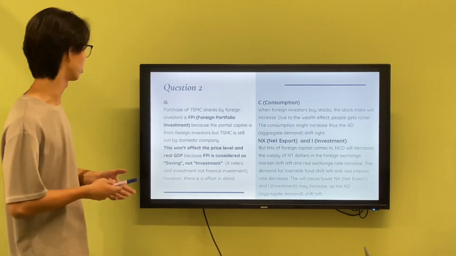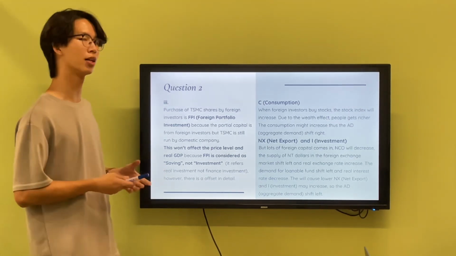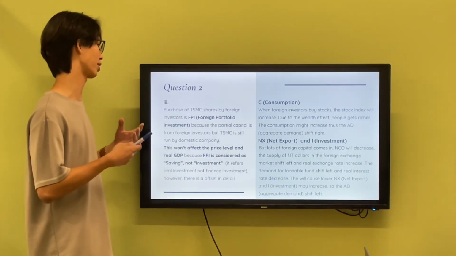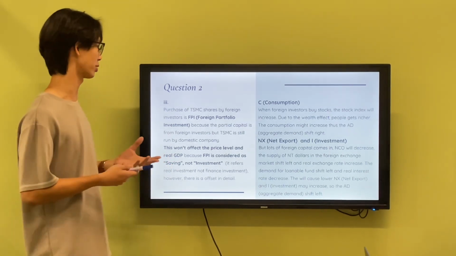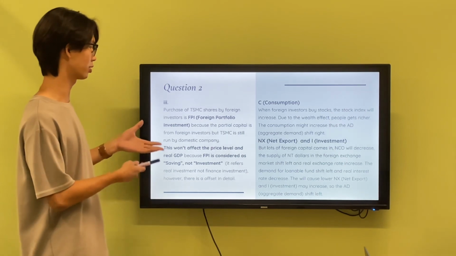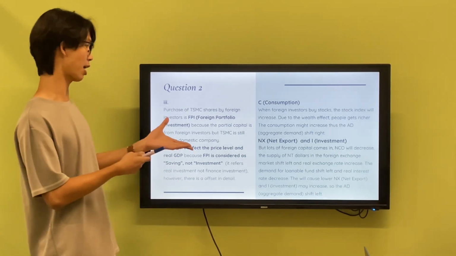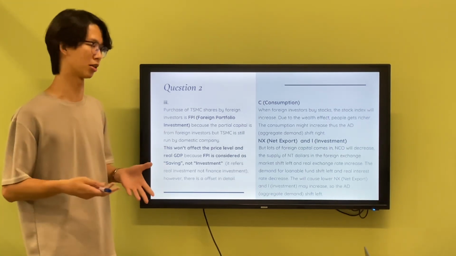Next is the third part, the purchase of TSMC shares by foreign investors. This investment we consider as FPI, foreign portfolio investment. Why is that? Because part of the capital is from foreign investors, but TSMC is still run by a domestic company.